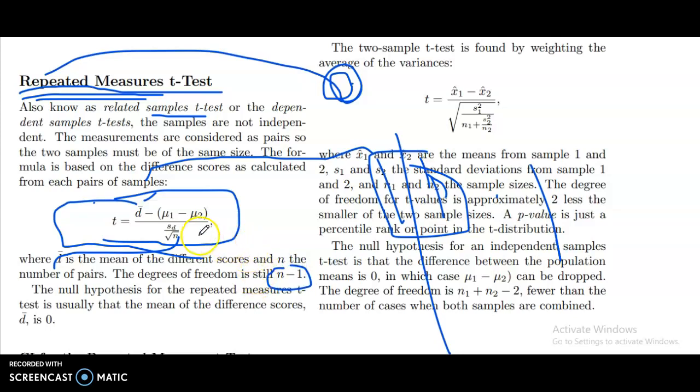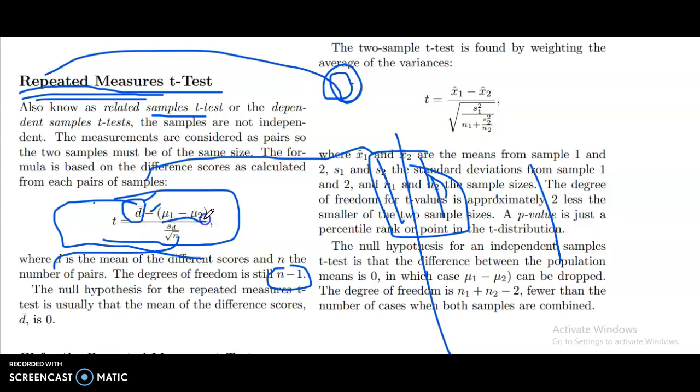Actually, the mean of the difference scores, we really have to subtract from this value.